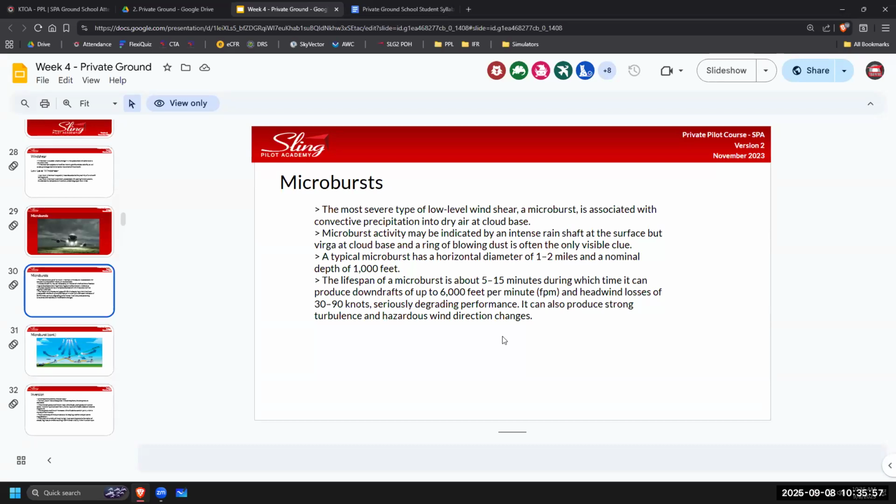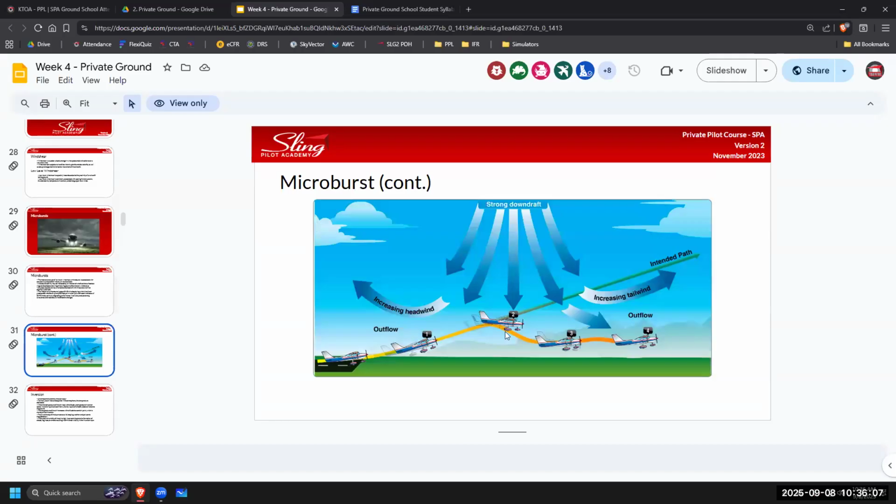Okay, this picture is how they've increased knowledge about how to get out of a microburst or how to stabilize yourself to give yourself the best chance of surviving a microburst. The strong downdraft is obviously creating an intended path, shown as the green path, if you're coming left to right into the microburst, like flying through the bottom of it.